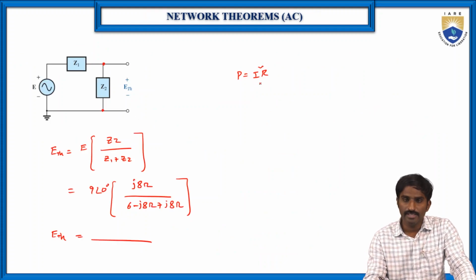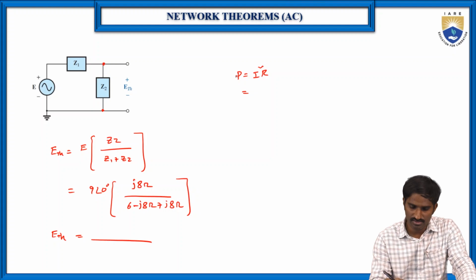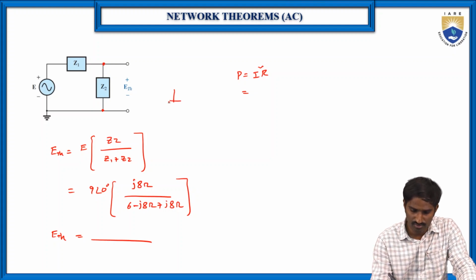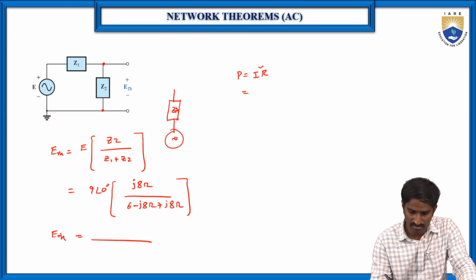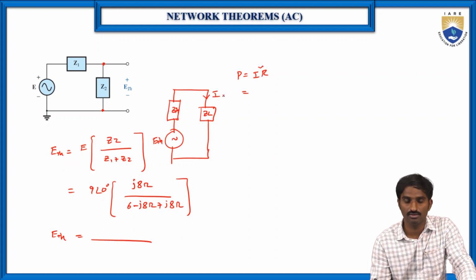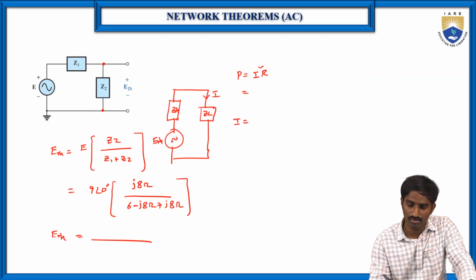Now I square R. So how to find I then? Let me write here. This is the Z Thevenin's, here it is the E Thevenin's, and here it is ZL. Then the current I is equal to V by R, so E by, anyway here ZL is equal to Z Thevenin's, so 2 into Z Thevenin's, right?